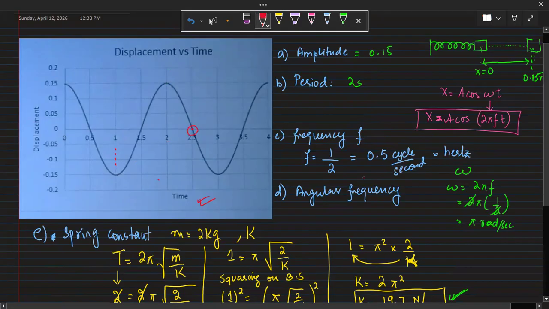So is it a maximum point on the graph? Looking at the graph at 2.5 seconds, is it at maximum displacement? How can it be at maximum displacement? This vertical distance is the maximum displacement.